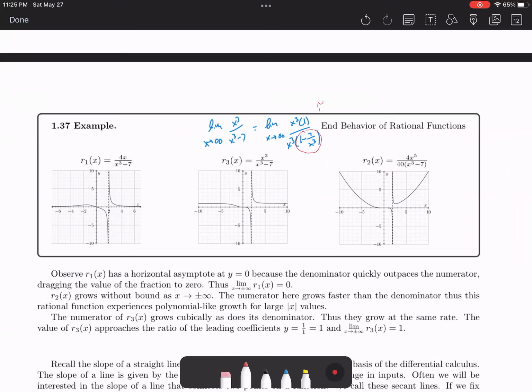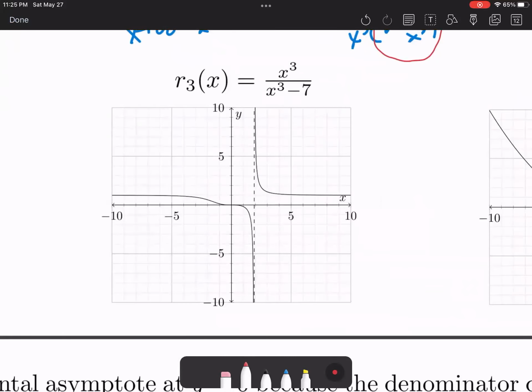So this function is really just x cubed over x cubed, which is just 1. So that's why we have a horizontal asymptote at the y value of 1 as x gets larger and larger.